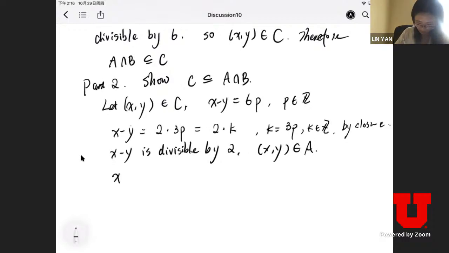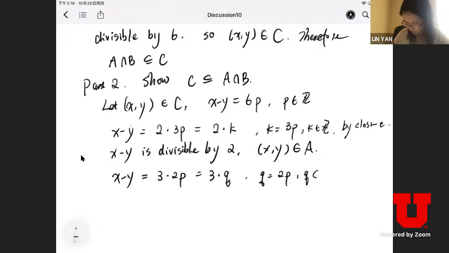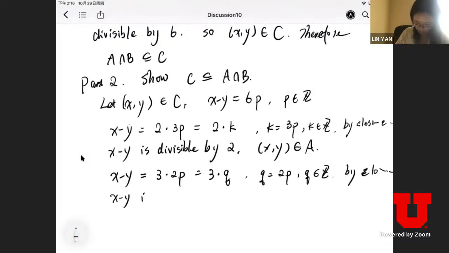Similarly, we also know x minus y can also be equal to 3 times 2p. It is equal to 3q, where q is equal to 2p, and q is an integer. It is also by the closure properties of integers. And then we know x minus y is divisible by 3.